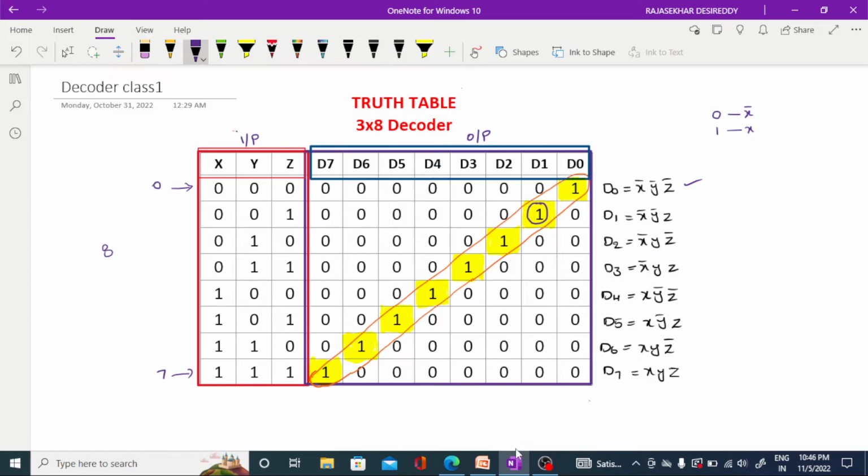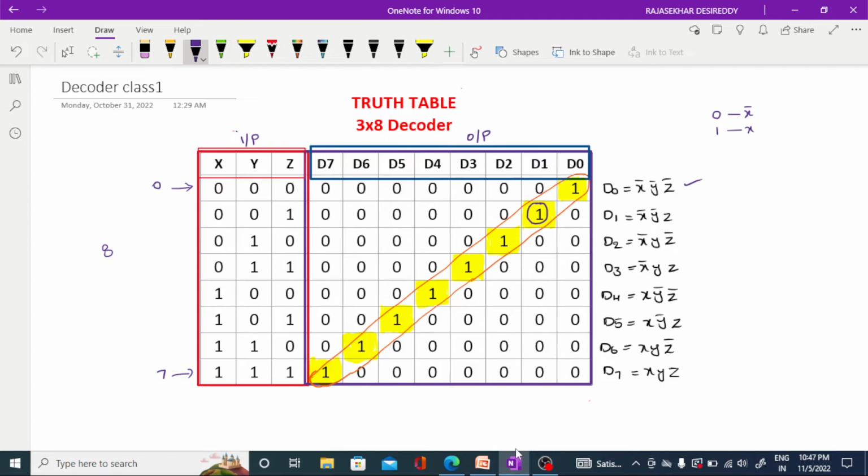So observe these expressions. Sometimes X bar is there and somewhere X is there, somewhere Y is there and Y bar is there, and Z bar is there, Z is there, like that. That means we need to take complemented inputs and uncomplemented inputs.